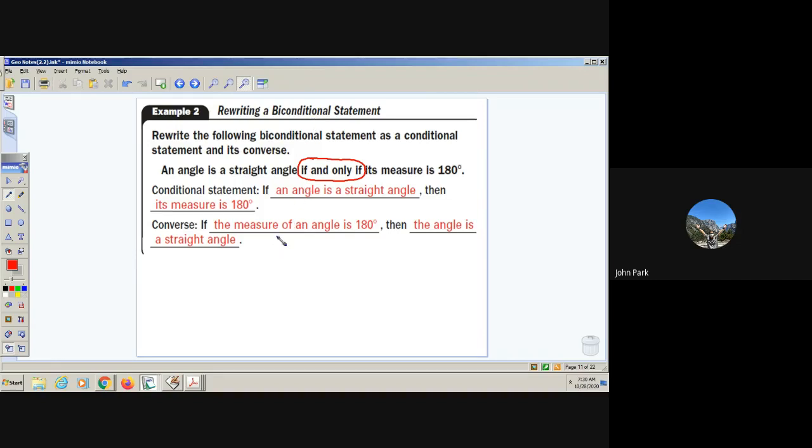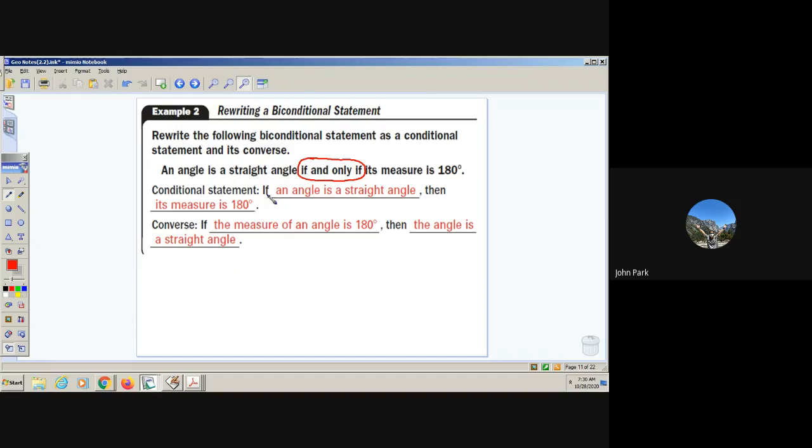If one of these is false, then the biconditional statement is also false. So a biconditional statement using the phrase if and only if is only true if the original conditional statement that you can make out of that and the converse are both true. If one of them is false, then the biconditional statement is false. And obviously, if both of them are false, then it's obviously false, right?